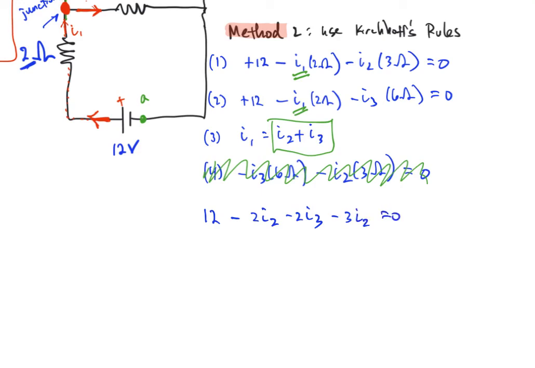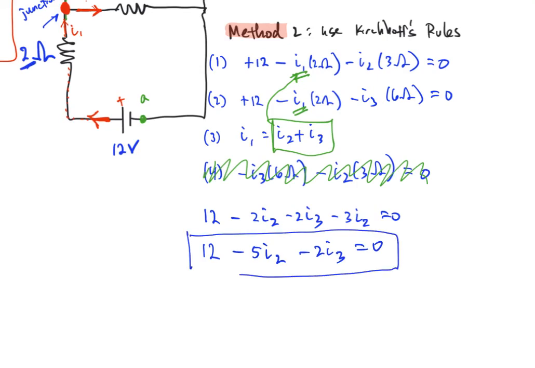I just substituted this in for I1 and distributed the 2. And we can simplify this equation, and this is going to turn into 12 minus 5I2 minus 2I3 equals 0. Put a box around that, save it for later.